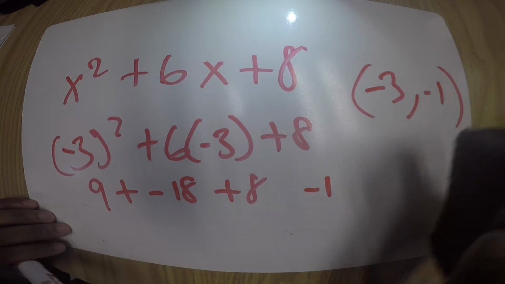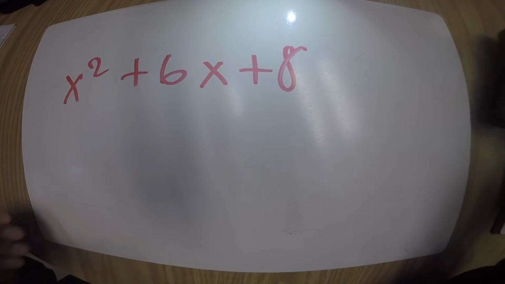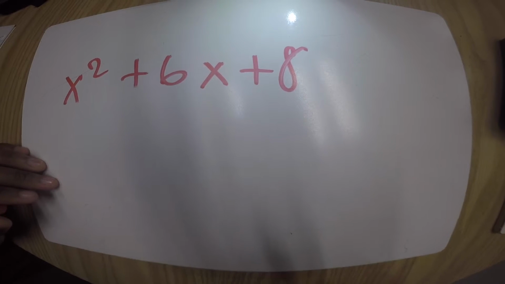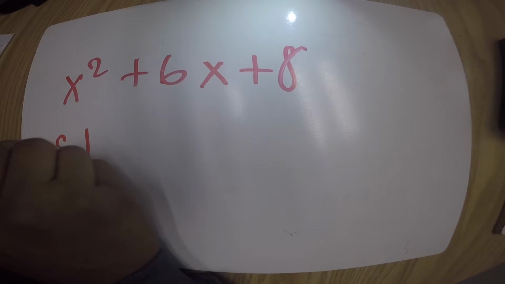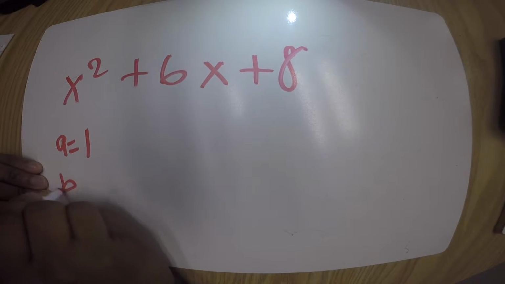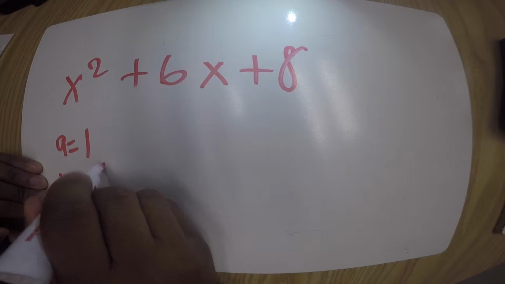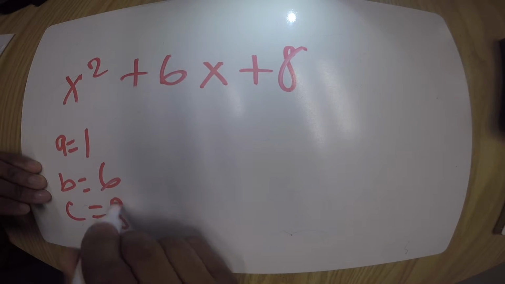So far, we found the x-intercept, the vertex, and the y-intercept. Now, let's list the a, b, and c. A, since there's no coefficient in front of the x squared, will just be a 1. A equals 1. B is just the coefficient in front of the x, which is 6. C is just the last number, 8.